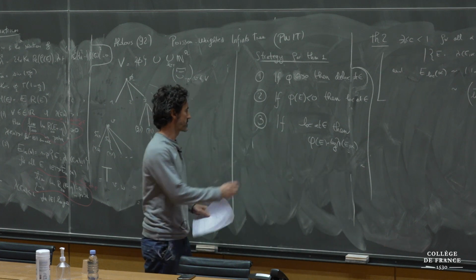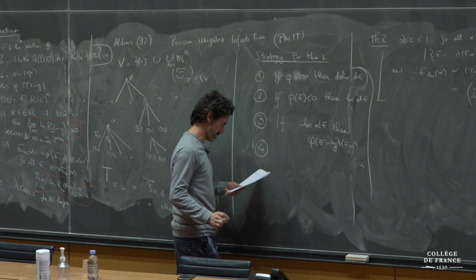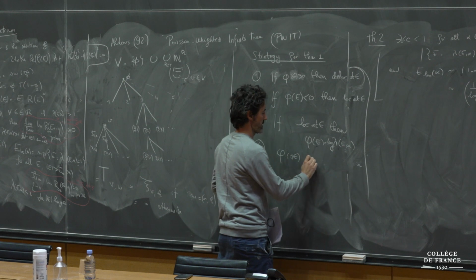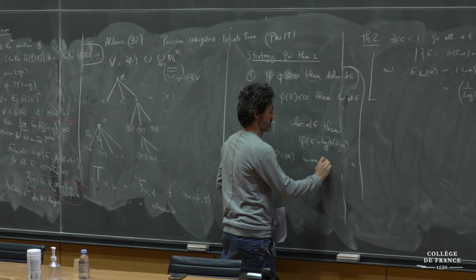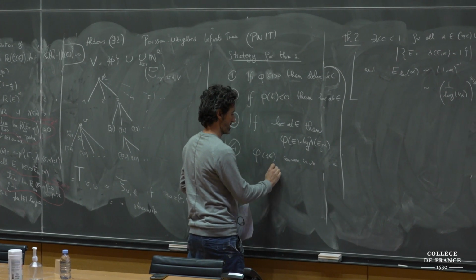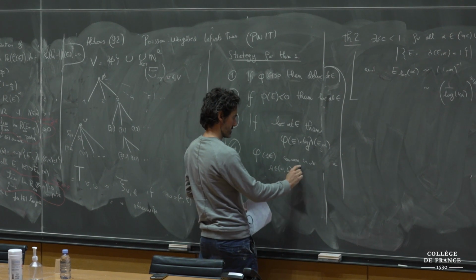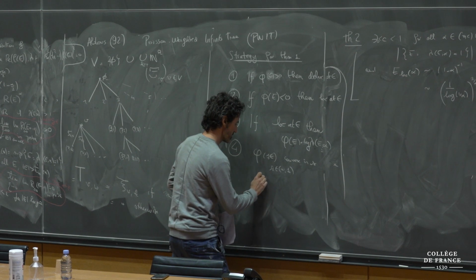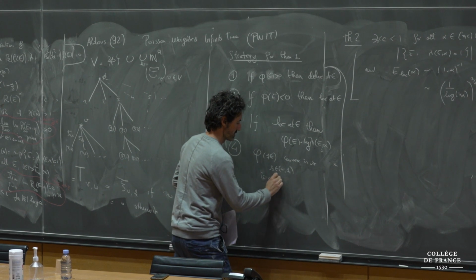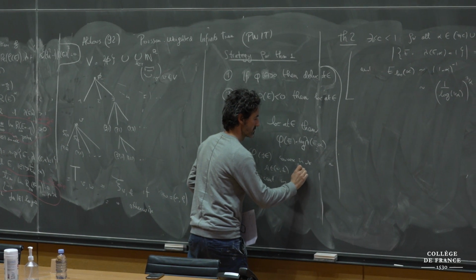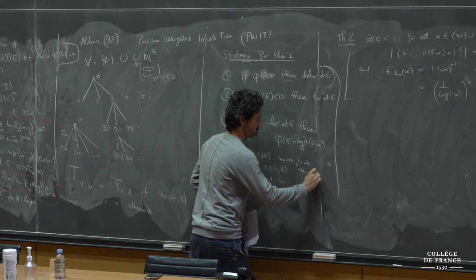And the last property we need is a continuity property: phi of S E is convex in S. It's defined for S in alpha 1. It's continuous, convex and non-increasing.